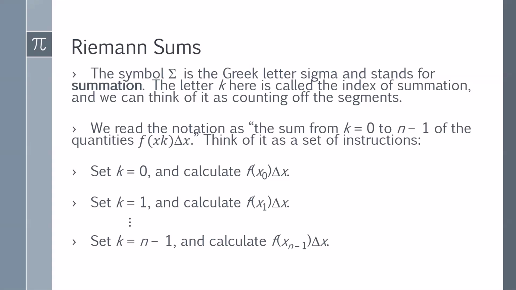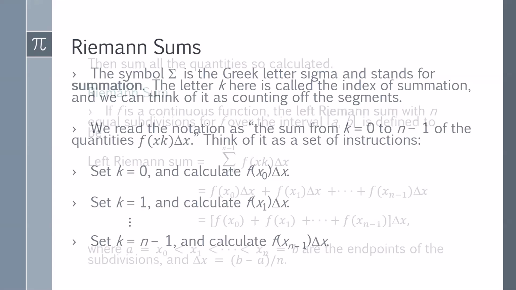We think of this as a set of mathematical instructions. We start with k equals 0 and calculate f of x0 delta x. We then set k equals 1 and calculate f of x1 delta x. And so on till we get to k equals n minus 1, we calculate f of xn minus 1 delta x. Once we have all those quantities calculated, we add them up.